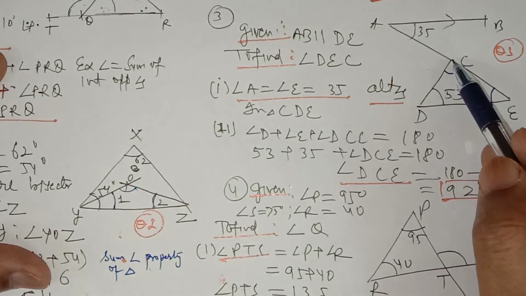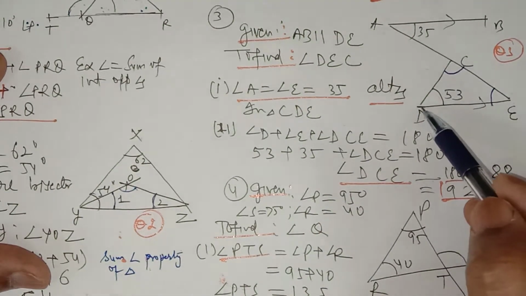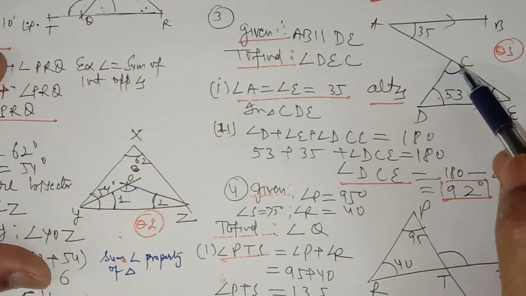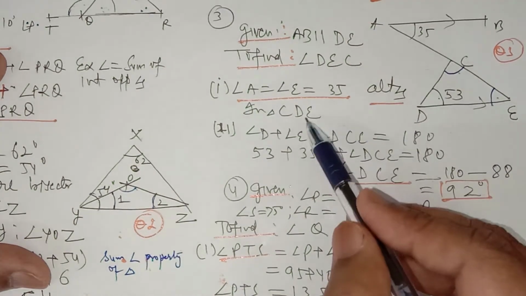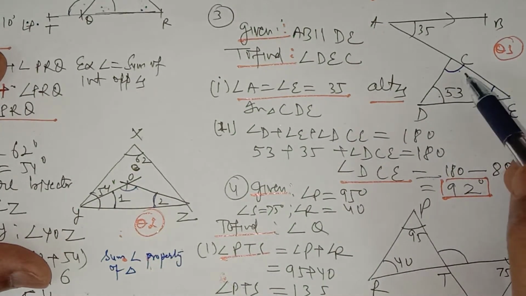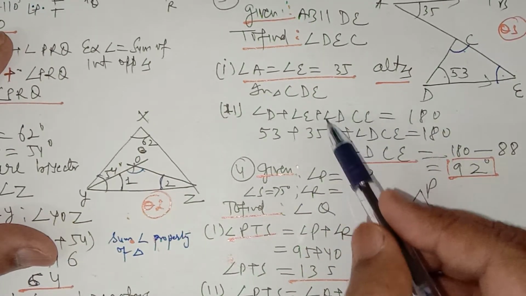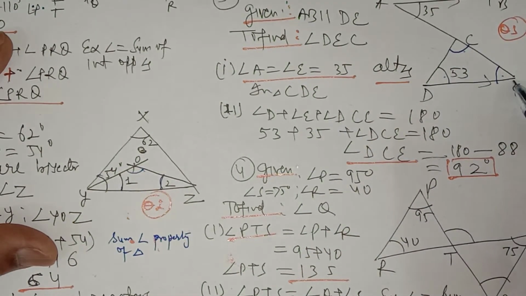Now in this triangle DEC, we know this angle, and you can easily find angle C, that is angle DCE, by the angle sum property of the triangle. So in triangle DCE, angle D plus angle E plus angle C is equal to 180 degrees.